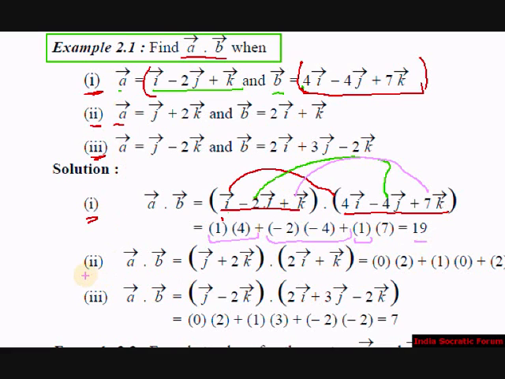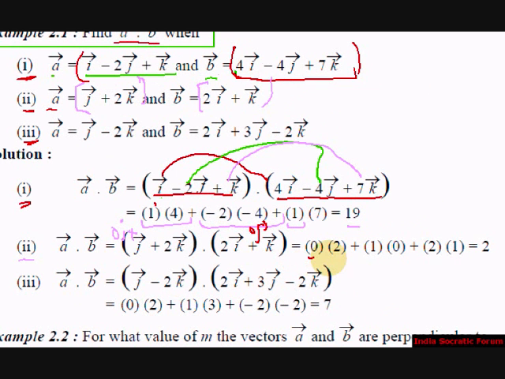In the same way, for the second, remember this has 0i in this case, and 0j in this case. With that in mind, apply the same thing here and you get 2.